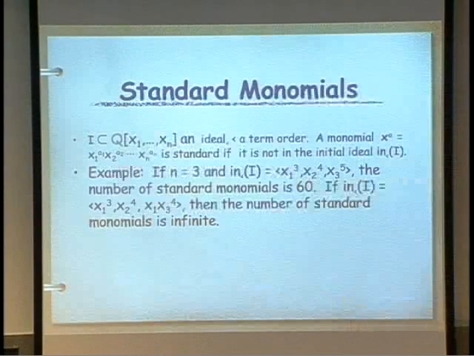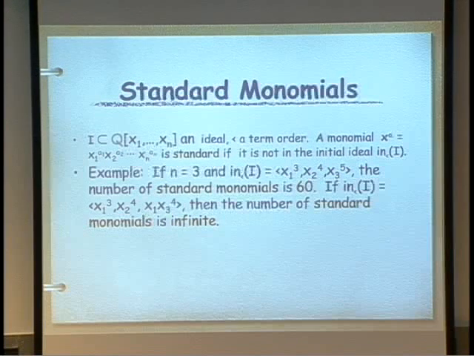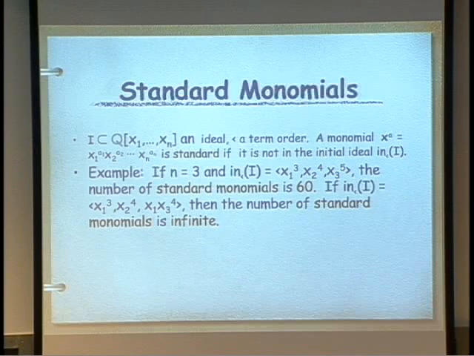So for example, if n is 3 and the initial ideal is x1 cubed, x2 to the 4th, and x3 to the 5th, then the number of standard monomials is 60. And if the initial ideal were x1 cubed, x2 to the 4th, and x1 x3 to the 4th, then the number of standard monomials is infinite.